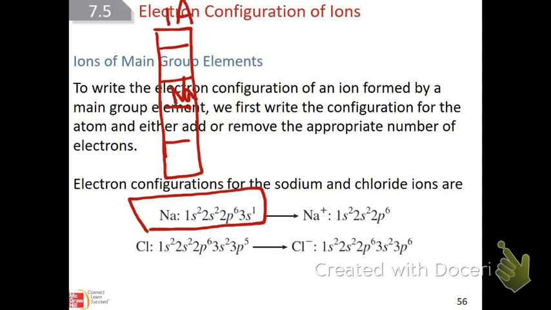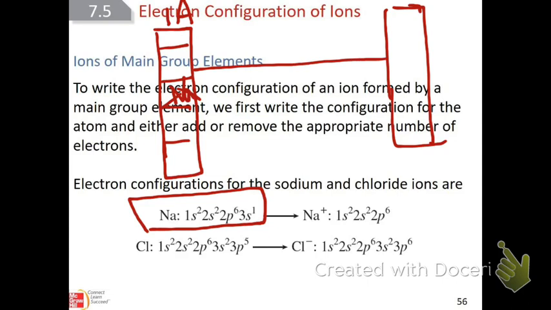But what happens when it loses that one electron? What happens when this electron is no longer there? Now it has the same exact electron configuration as neon, way over here in the noble gases. But not only that, now it has 11 protons, 11 positive charges, and only 10 negative charges.